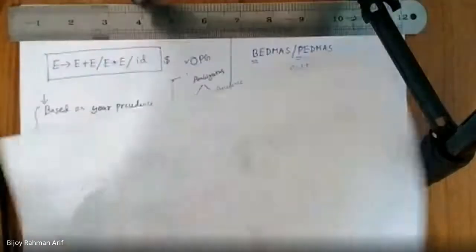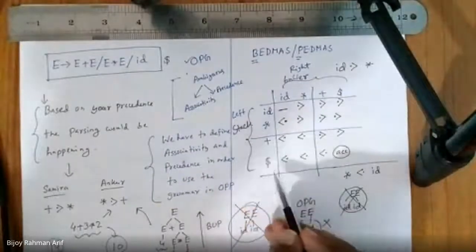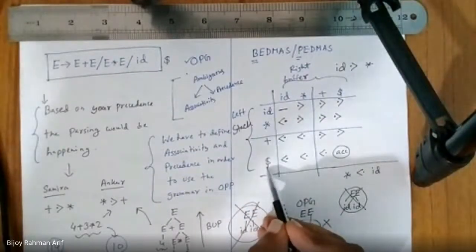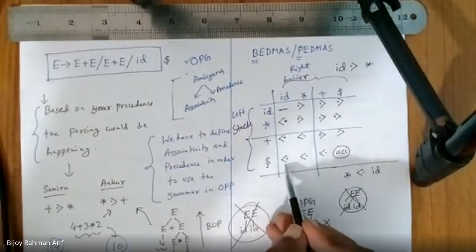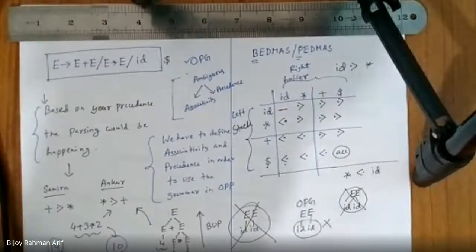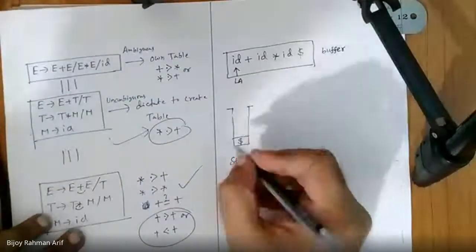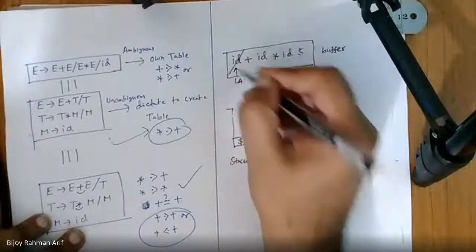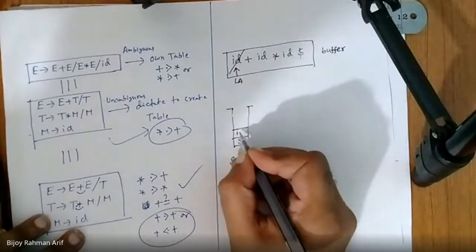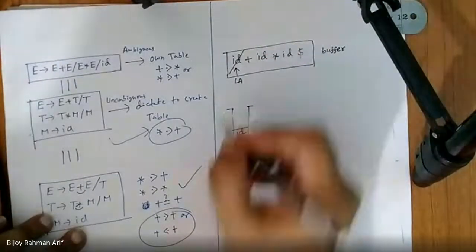Let's go to the table. Stack dollar, buffer pointing to ID. Which one is bigger? ID. If the buffer is bigger, we are going to push. So ID is going to be pushed. Did you get it?